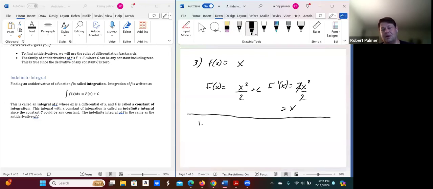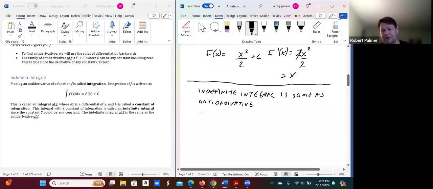Okay. So an indefinite integral is the same as the antiderivative. It's just a new name and kind of a new symbol. All right.